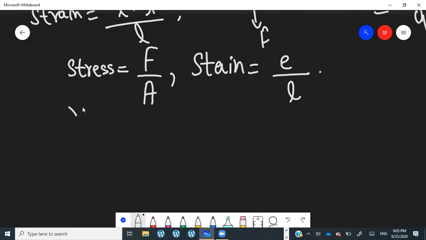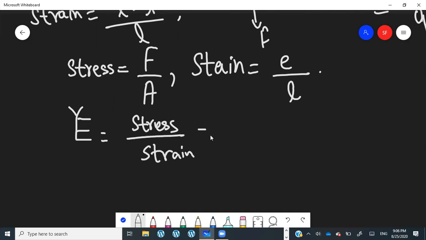Now, what's the formula for Young's modulus? Young's modulus, by the way, is represented by capital E. Young's modulus is equal to stress upon strain. If you plug in F upon A over here and extension upon L over here, we'll get a new formula for Young's modulus. Let's do that. What is that formula going to be? Any idea?